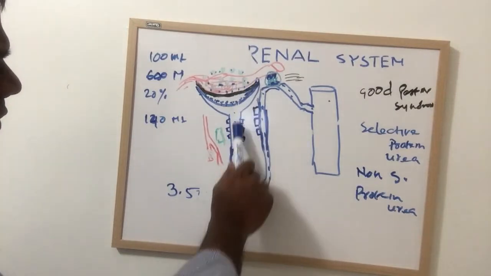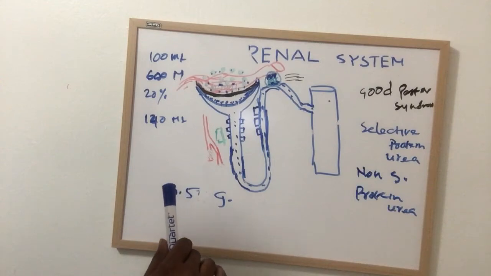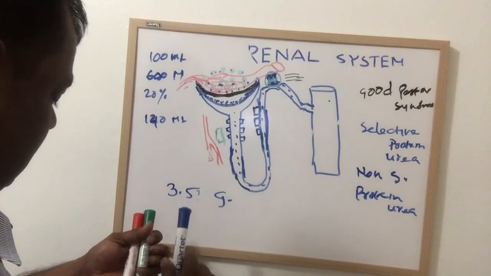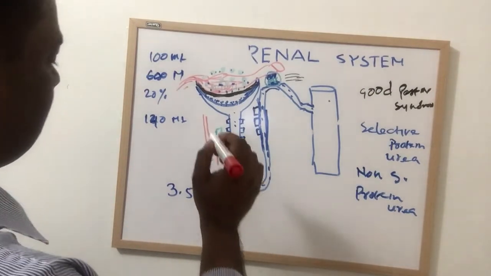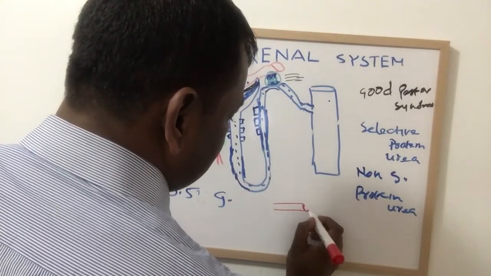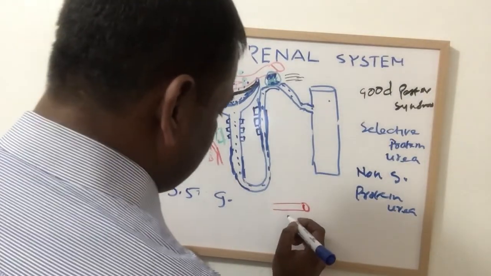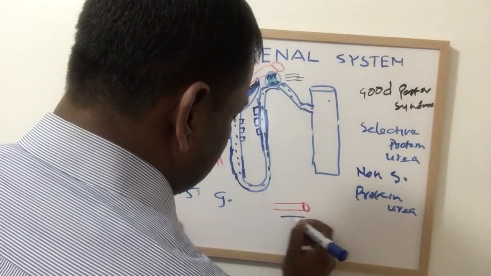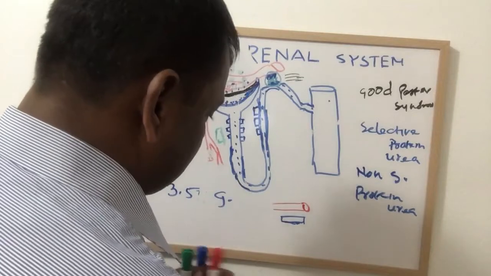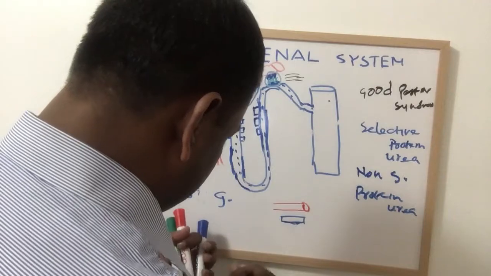Once the liver produces those extra proteins, in our hydrostatic pressure, this is the interstitium and this is the venous system, back again.